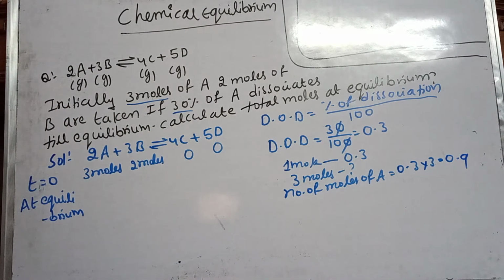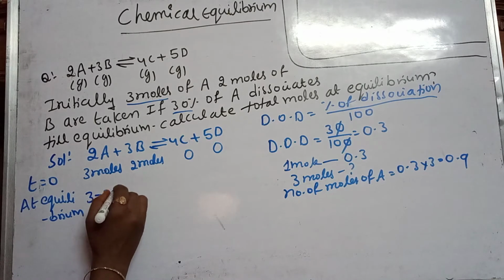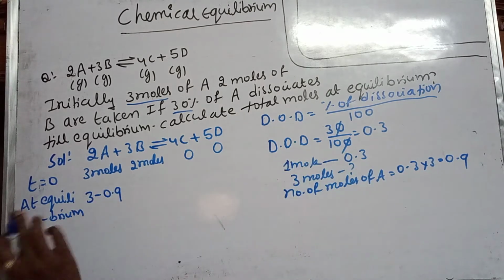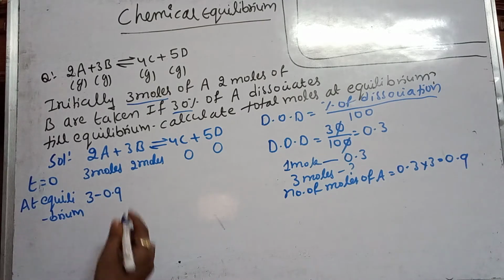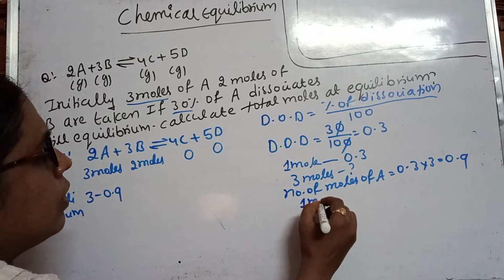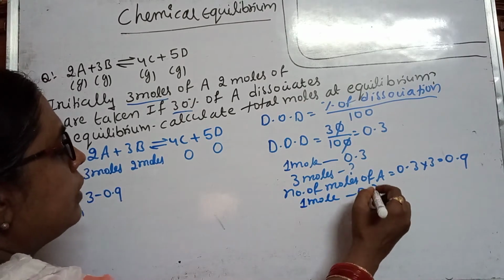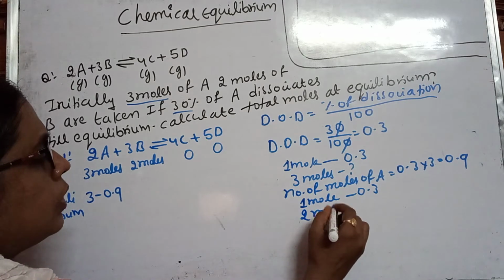So 0.9 moles dissociated. The initial moles are 3, so we subtract these moles from the initial moles to get the moles at equilibrium. Next for B, for 1 mole of B it is also the same, 0.3 moles. But here initially 2 moles are given.